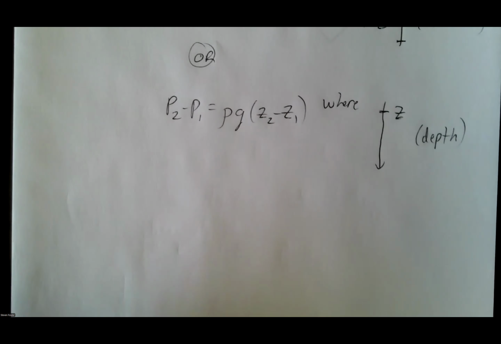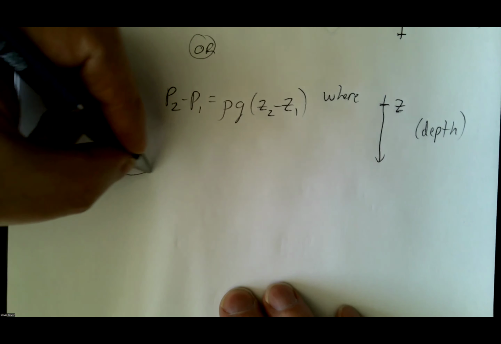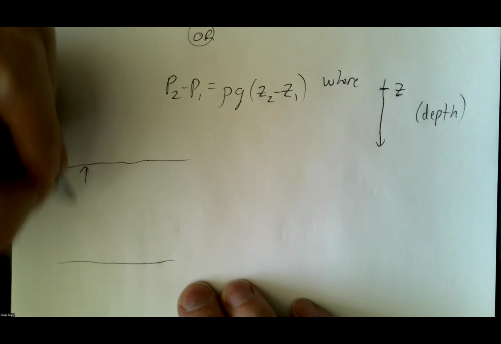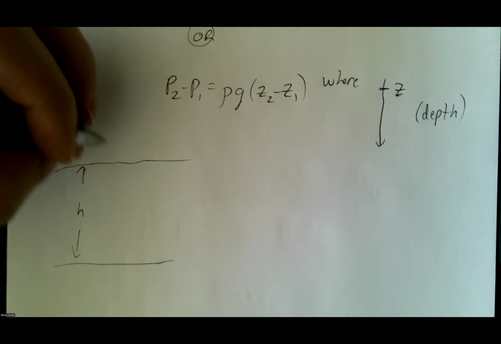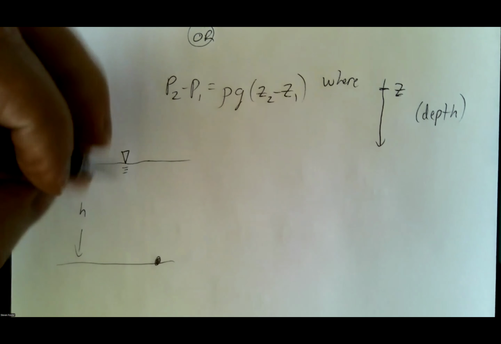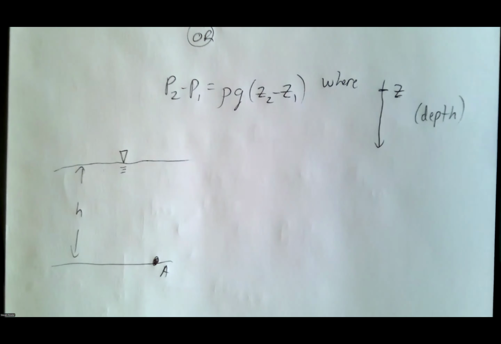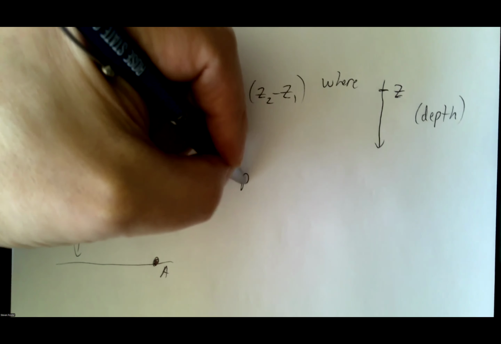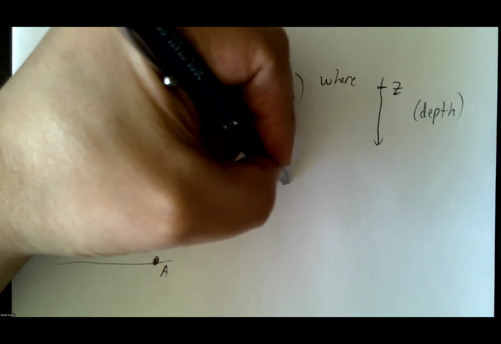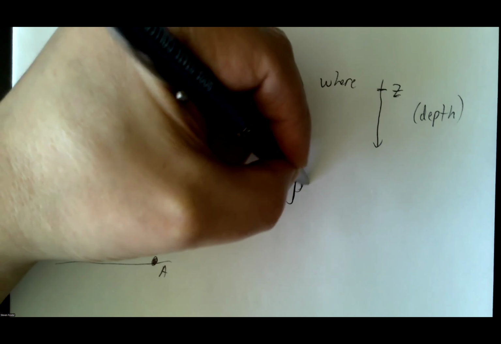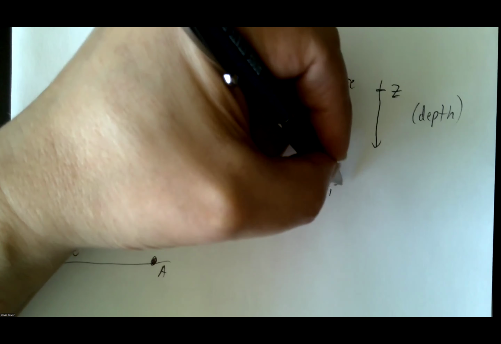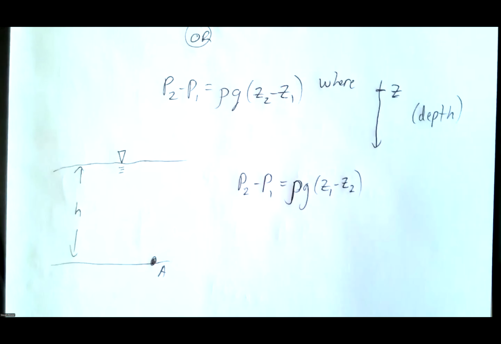So we've got this situation where they're saying, hey, look, there's this fluid, and if we say that this is H, and this is open to the atmosphere up here, and we want to know what is the pressure at point A. Well, you've got a column of fluid here, so we're going to apply our fundamental equation for pressure change in a column of fluid, that is delta P is equal to rho g negative delta Z, Z1 minus Z2.